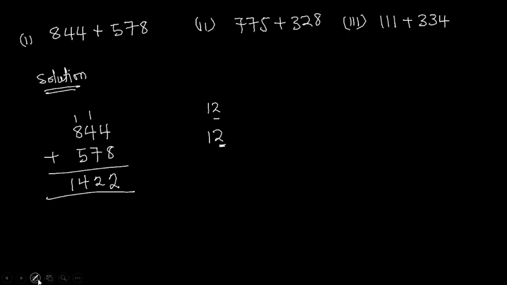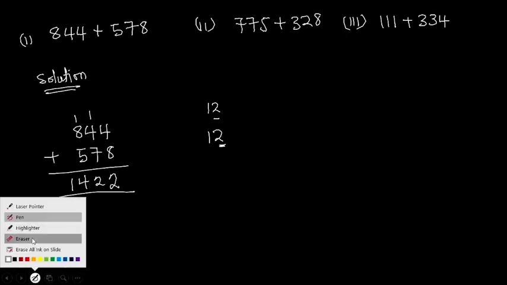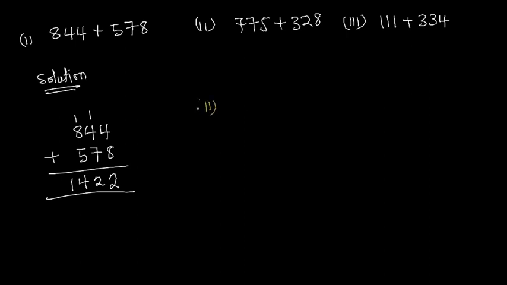Alright, so let's go ahead and look at II. So II, we have 775 plus 328. Okay, so as usual, we add 5 and 8. 5 plus 8 will give me 13. I write 3, and then the 1, I bring it to the top over here.